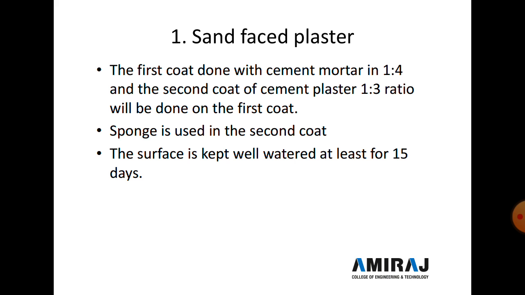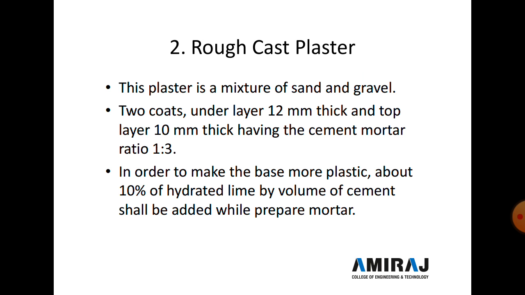Now the second type of plaster work is rough cast plaster. This plaster is a mixture of sand and gravel in a specified proportion, dashed over a freshly plastered surface. The plaster base consists of 2 coats, with layers of 12 mm thickness and 10 mm thickness, having a cement mortar ratio of 1:3.